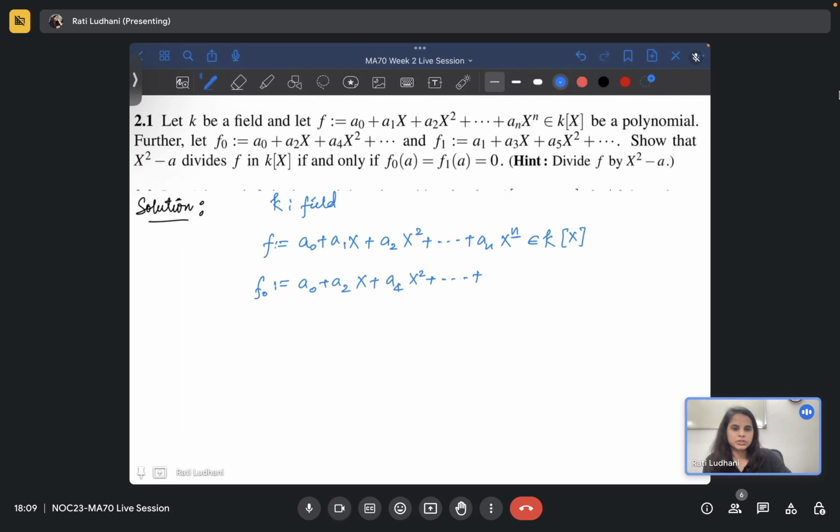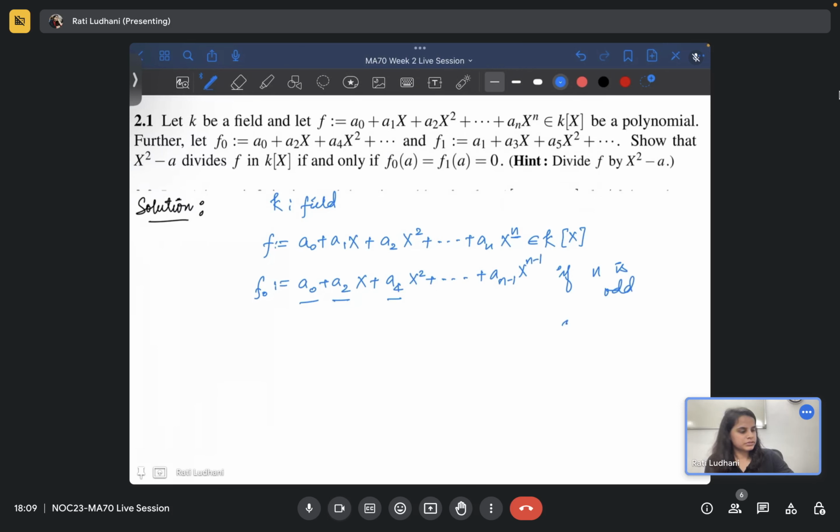So if n is odd, then it will be the following. Basically these are the even places in terms of ai where i is even. So this is corresponding to that, and the last term will depend on what n is. If n is odd, then it will be a n minus 1 x raised to power n minus 1 by 2.